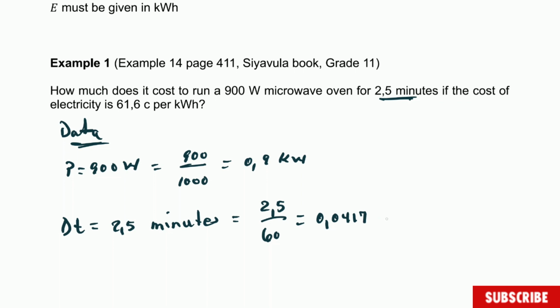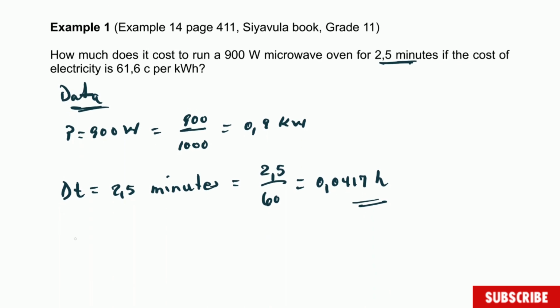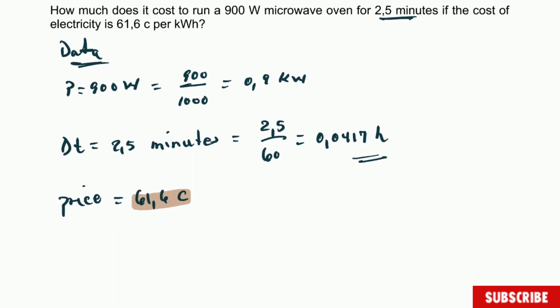I'm going to round it off up until there, and this is hours. Okay, and then the final data we have is the price, which is given to you, and is 61.6 cents. In this case, they're giving you the price in cents, so the answer that we're going to get is also in cents.